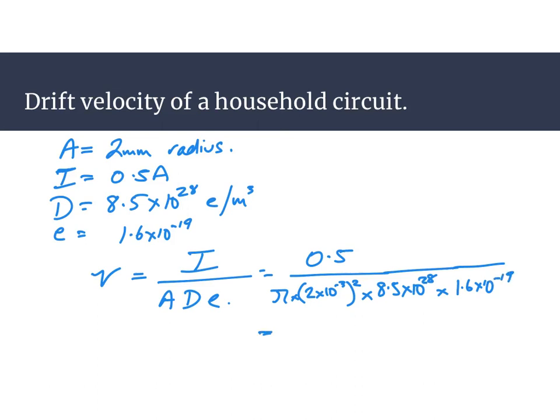If we put that into our calculator, we get 2.9 to two significant figures times 10 to the negative 6, and this is meters per second. So, as discussed, pretty slow in terms of a speed.